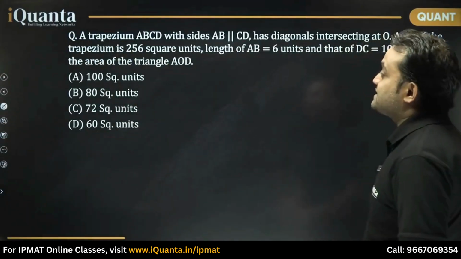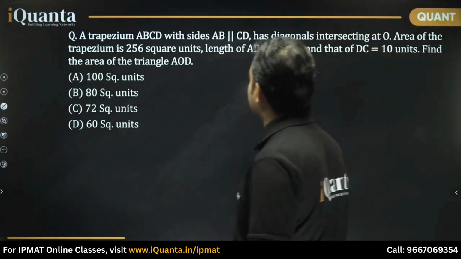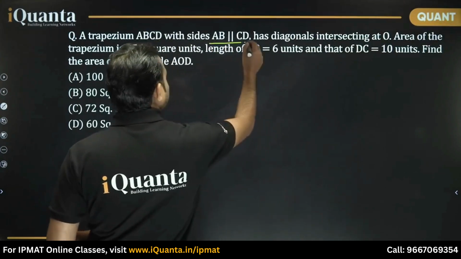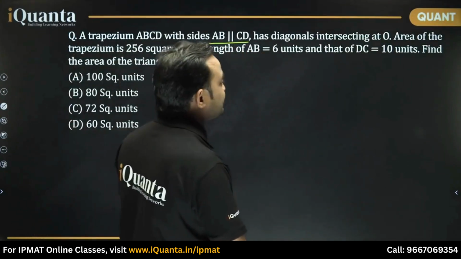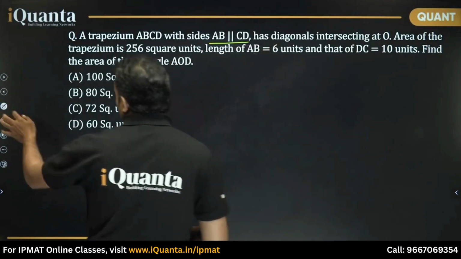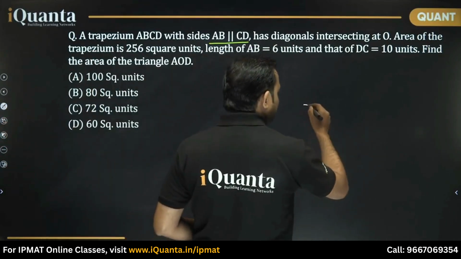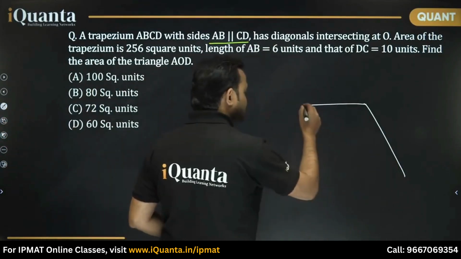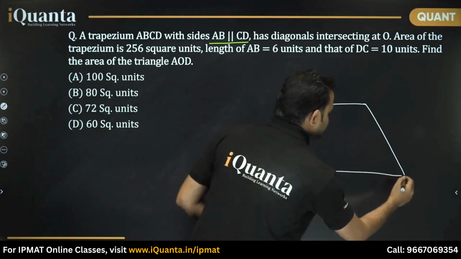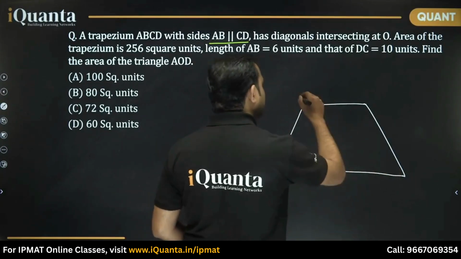First question says a trapezium ABCD with sides AB parallel to CD has diagonals intersecting at O. So first let's draw a trapezium ABCD where AB is parallel to CD.